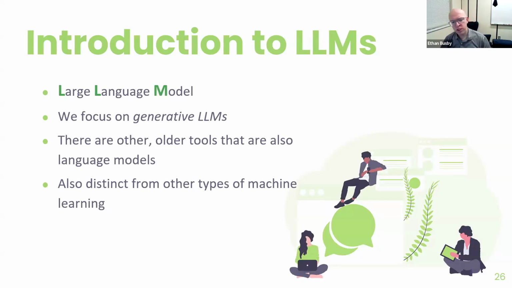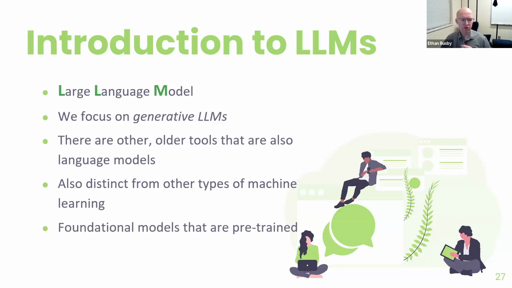Large language models are also distinct from other kinds of machine learning, whether that's other kinds of classification tasks or random forest algorithms, other kinds of things that have been developed in machine learning. They focus on generation and creation rather than just, again, classification and learning an algorithmic task. They're often called foundational models that come as pre-trained.